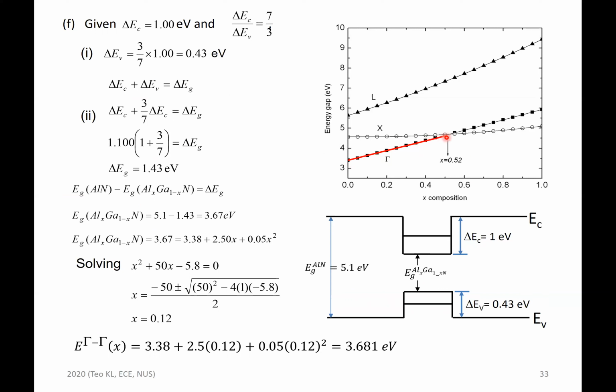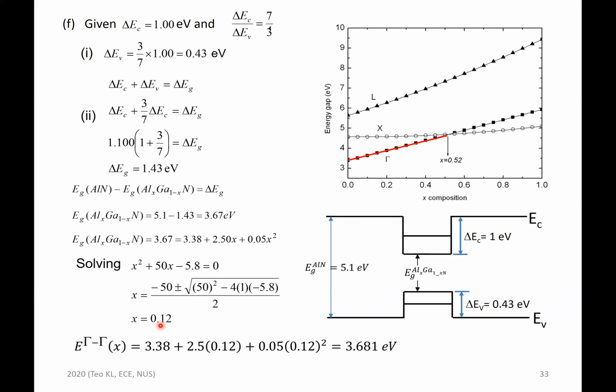So the band gap itself will be equated to the direct band gap equation, and you solve for the composition. You will have two values; one value will be rejected, and the value that is between 0 and 1 will be accepted. So the x we obtain is 0.12.